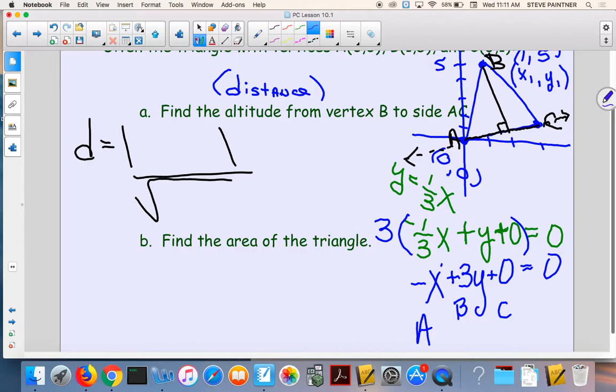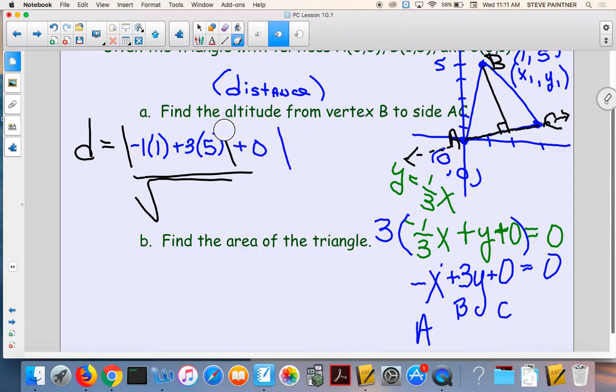Okay? A is -1 times 1, which would be the x value of the point, plus what? 3 times, is it 5? Yeah, it's 5. Okay. Plus C, which is 0. Okay. So that gives me what? Yeah, it gives me 14. Yep.